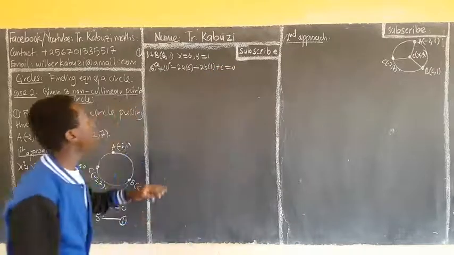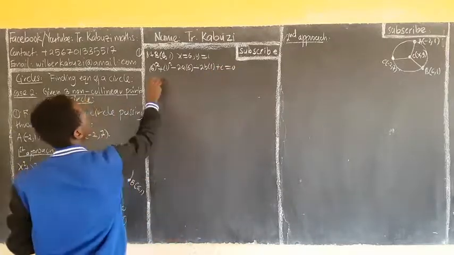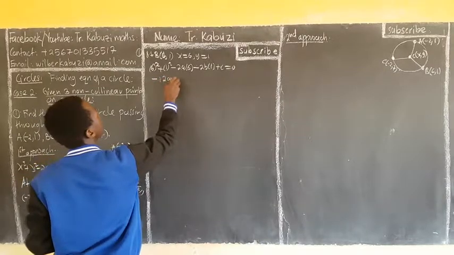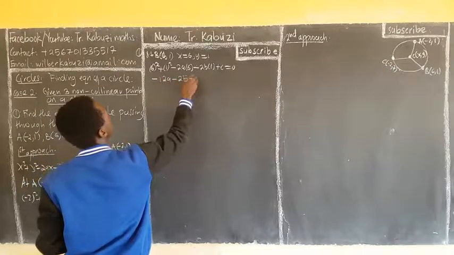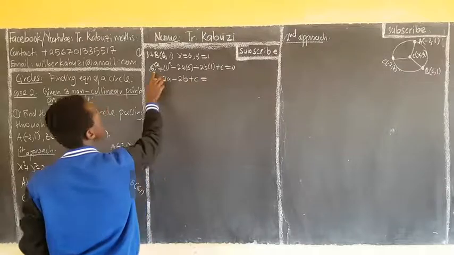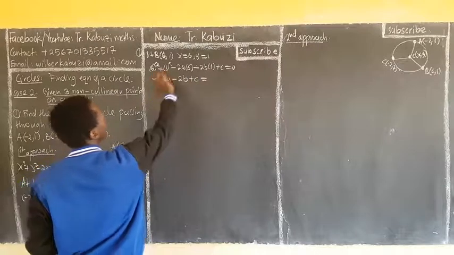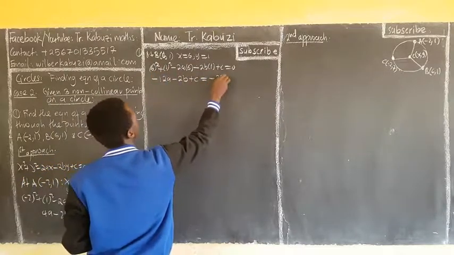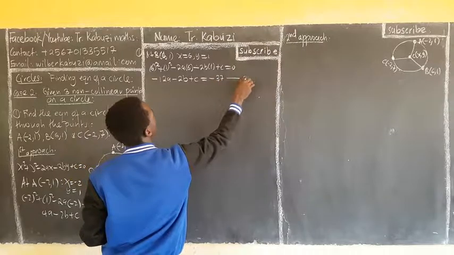If we simplify, this will give us negative 4a minus 2b, then plus c equaling 2. This is 36, this is 37. I take it to the other side, it becomes negative 37. I call this equation 2.